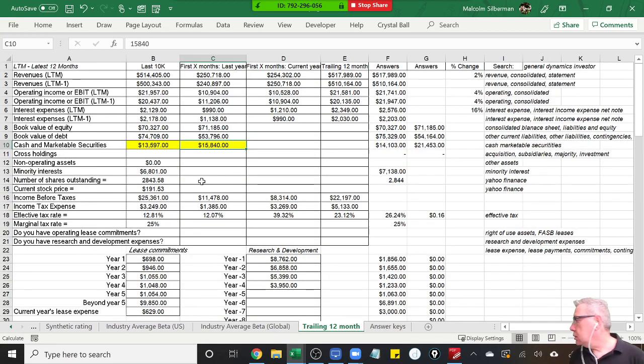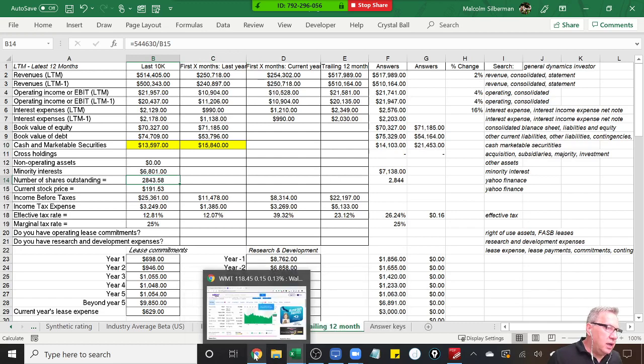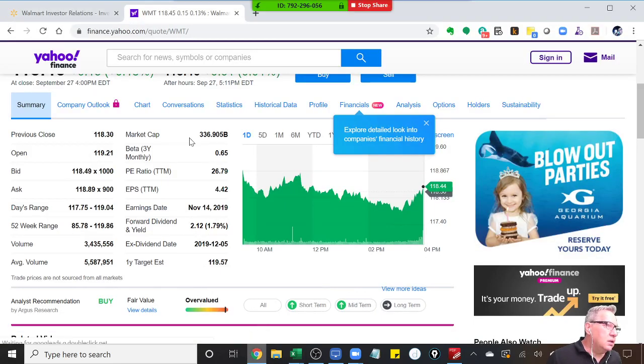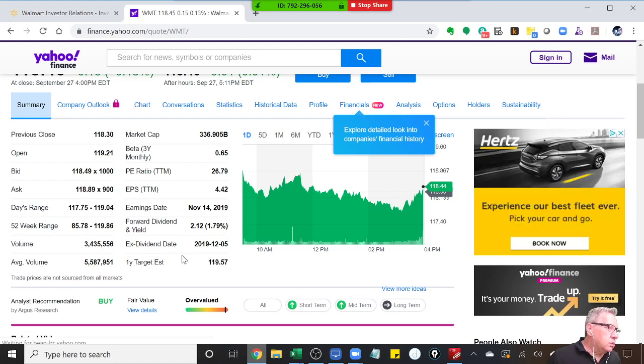We are now on the number of shares outstanding, which is this one over here. That's easy, because that one you go out to Yahoo and you get it. They normally list it very close here.